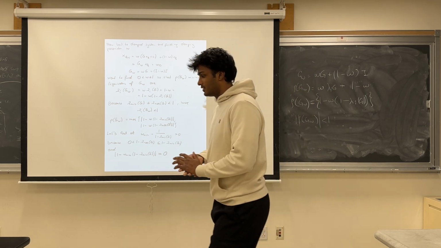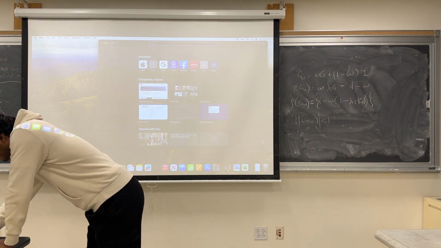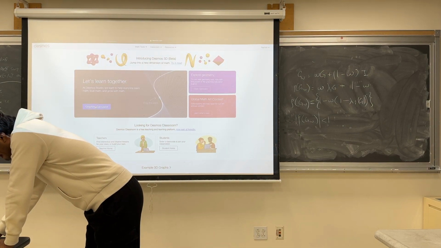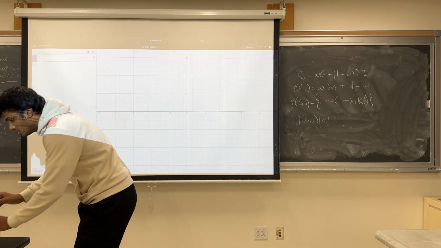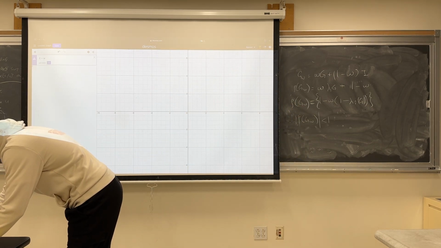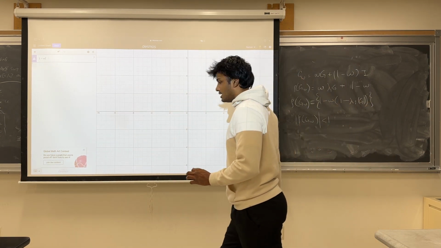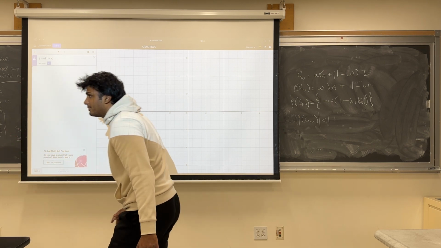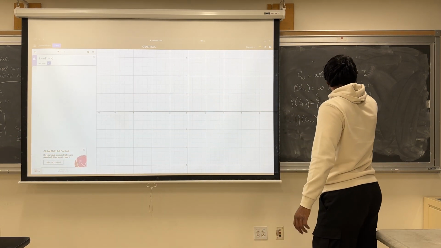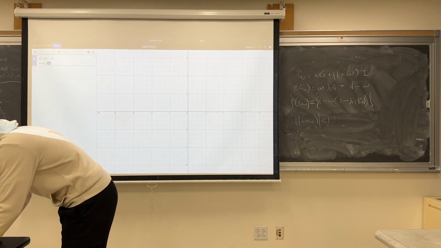So I'll plot 1 minus omega times (1 minus lambda), in terms of x, and look at the modulus of this.